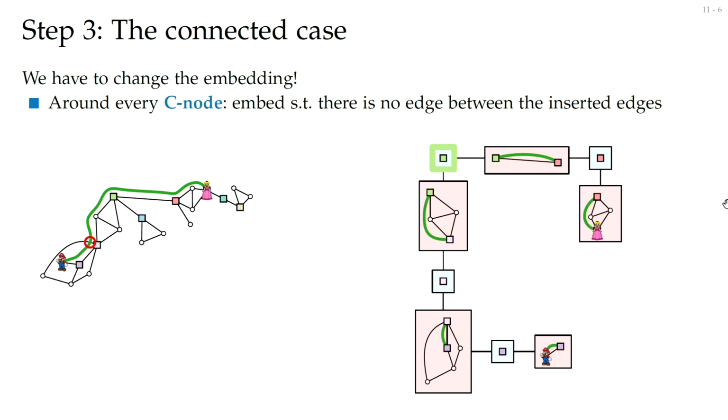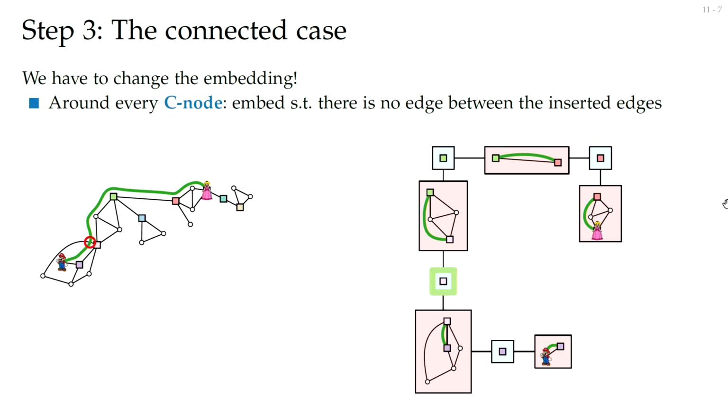Now let's look at this C component. If we look around it, we have black, black, green, black, green. So we try to re-embed it, but now we have a problem. Whatever we do, if we flip it, we cannot get the 2 greens together. So we have to do even more. Now we also have to look at the B nodes.